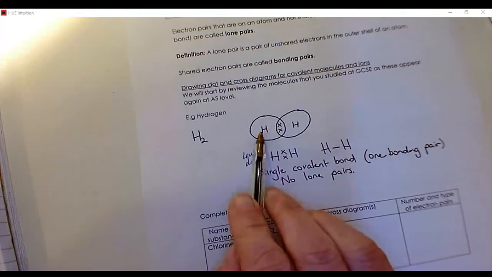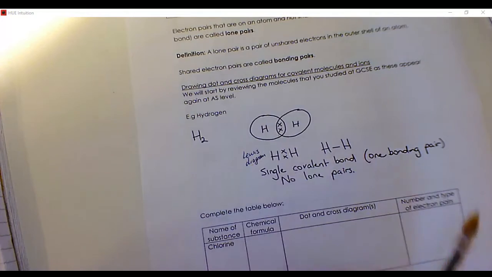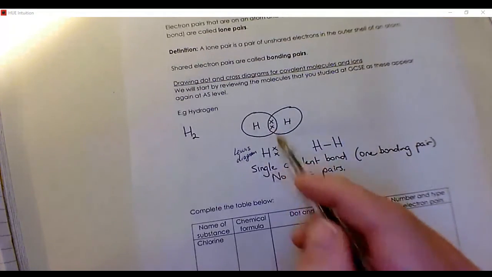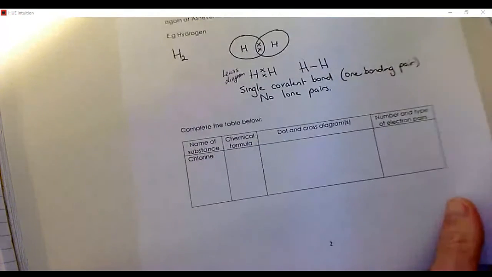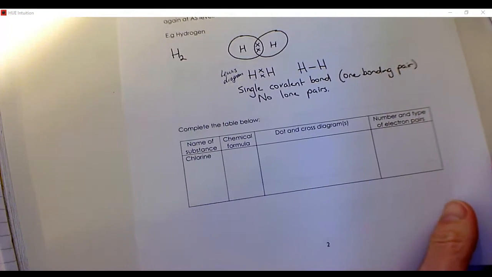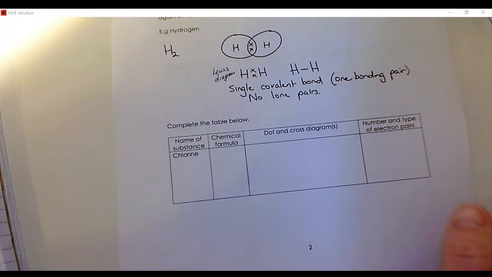Some people call that an energy level diagram, and some people call that a dot and cross diagram. Either of those is acceptable at A level. So if you want, you can pause and do these yourselves, or you can watch me do them until you're happy, then pause and do it yourself and then look at the final thing. But I'm going to work on with it anyway, all right?